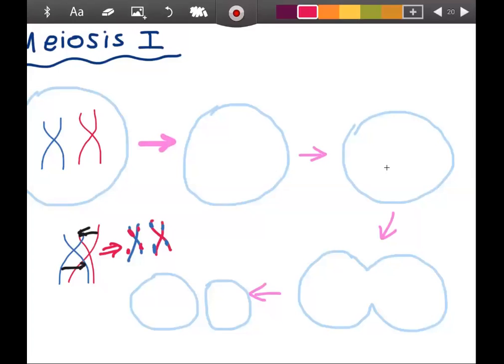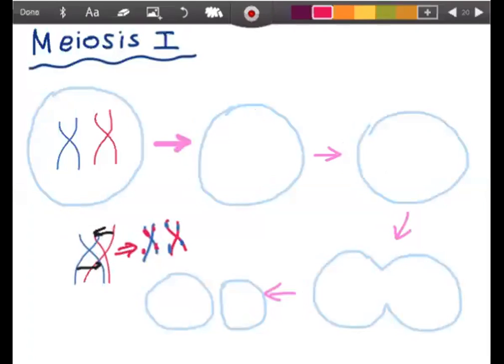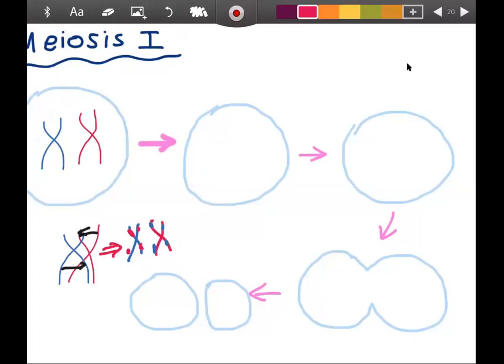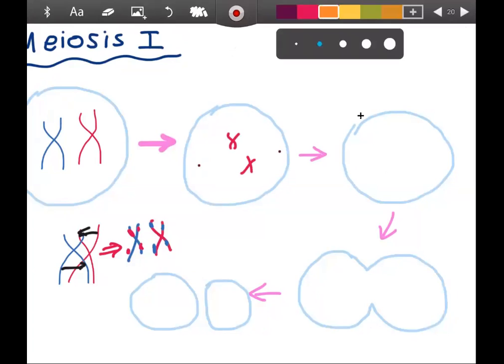So we have prophase, when the chromosomes are going to form and we have our mitotic spindle forming as well.